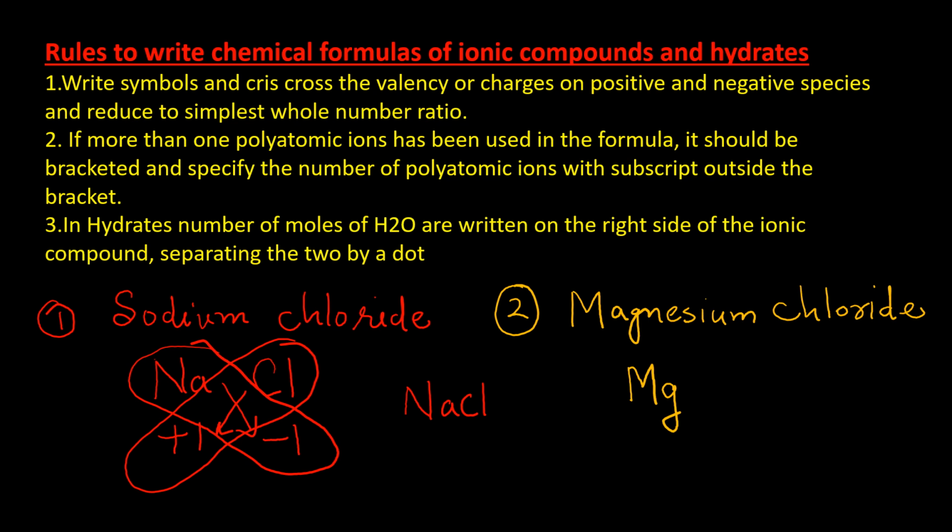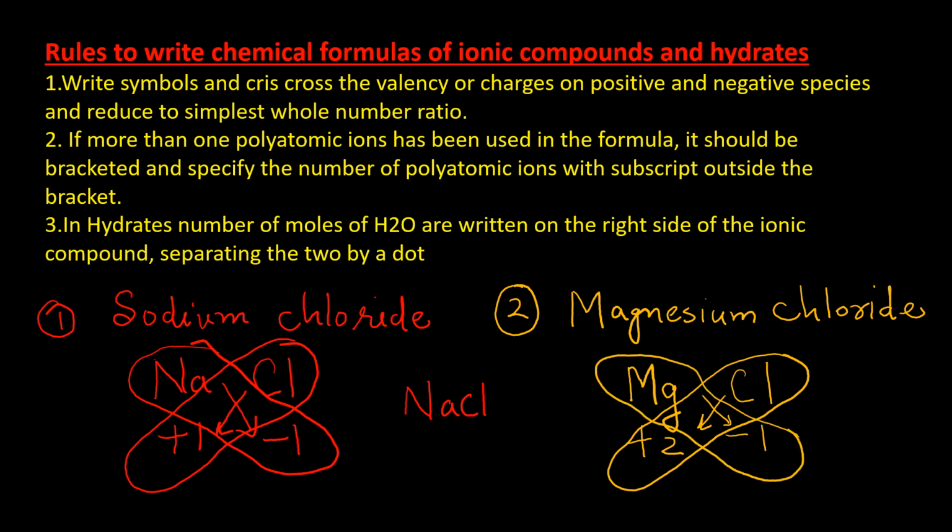Manganese has Mn, magnesium is Mg. Chloride, Cl. Valency, +2 on magnesium. Chloride is -1. Crisscross. So we end up having 2 chloride ions for 1 magnesium. So then the formula should be MgCl2. So this is how it is.